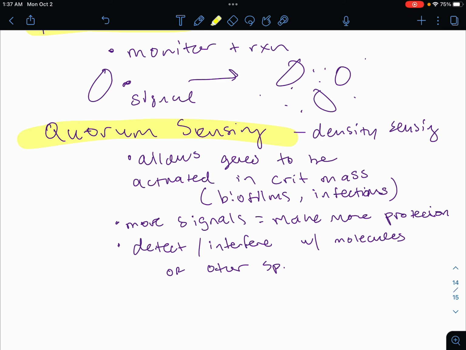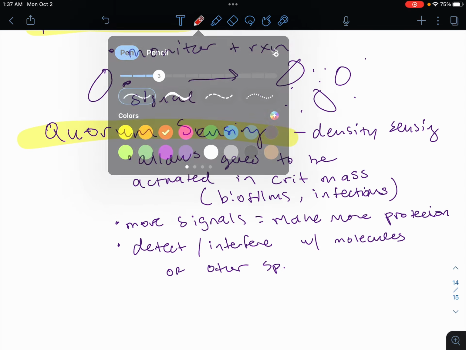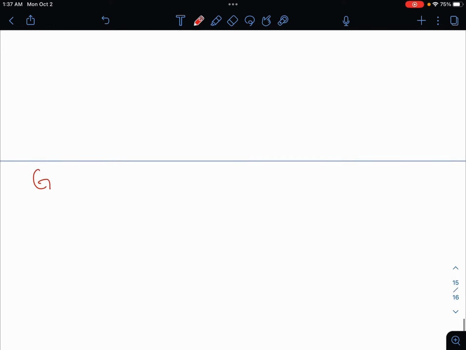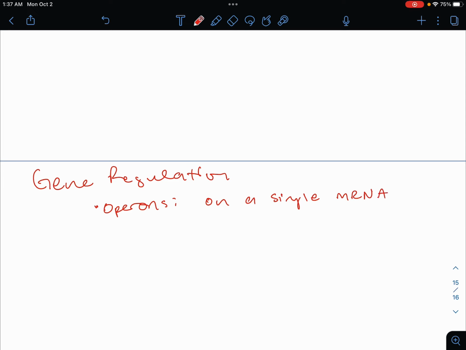All right, let's talk about gene regulation. On the other slide, there we go. So operons on a single RNA, and they have control sequences.